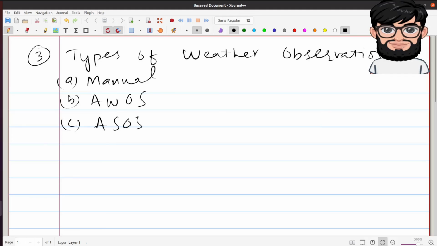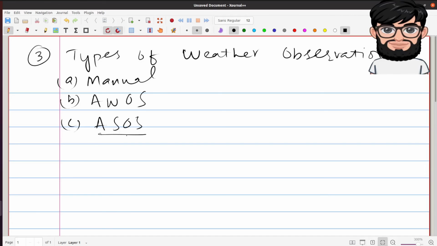And then we have ASOS or AWSS, basically the Automated Surface Observing System, or Automated Weather Sensor System. So the primary US surface weather observing system. AWSS is a follow-on program that provides identical data as ASOS.